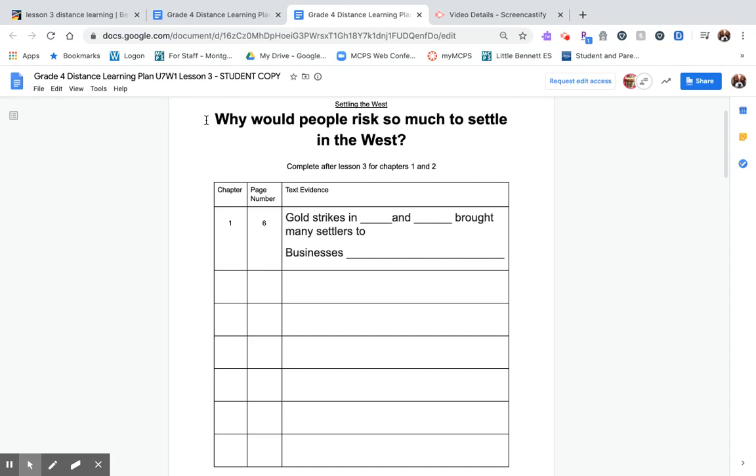This lesson will take 2 periods. You will gather text evidence to write a response to the question, why would people risk so much to settle in the West? Today, your job is to look at chapters 1 and 2.